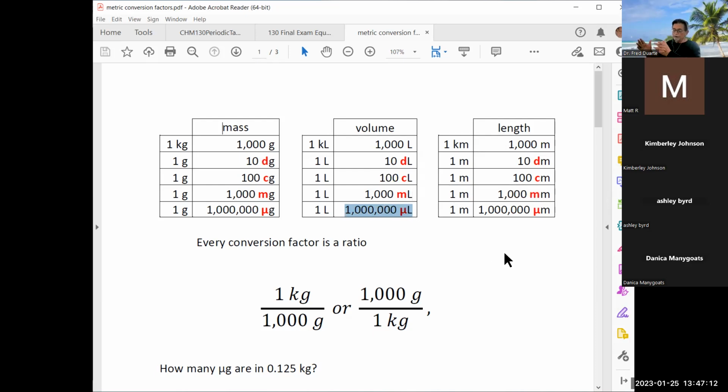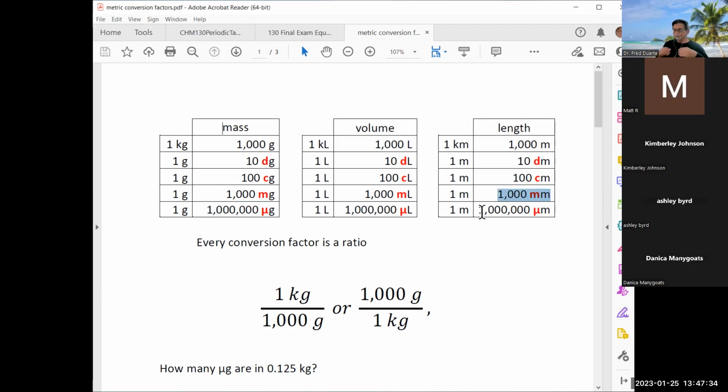Okay, move the prefixes over to length, which is meters, and we end up with 10 decimeters in 1 meter, 100 centimeters in 1 meter, and 1,000 millimeters in 1 meter, and 1 million micrometers.